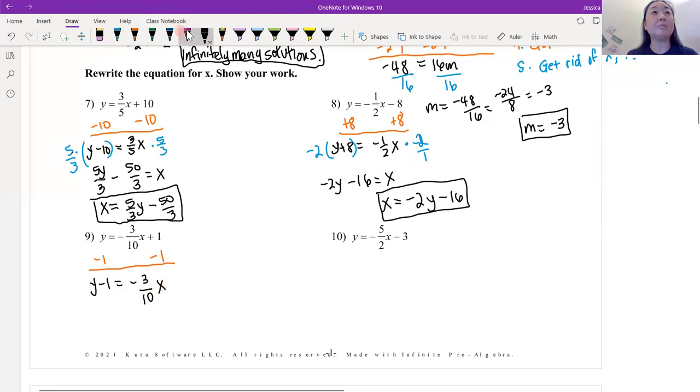So what you can do is multiply. I'm going to use a different color here. Remember how I showed you to get rid of fractions? We're going to multiply everything by whatever the denominator is. We're going to multiply the left and the right by 10. And then when we do that, we're going to get 10 times y, which is 10y, 10 times 1, so minus 10, is equal to, now the 10s cancel out on the right, right?